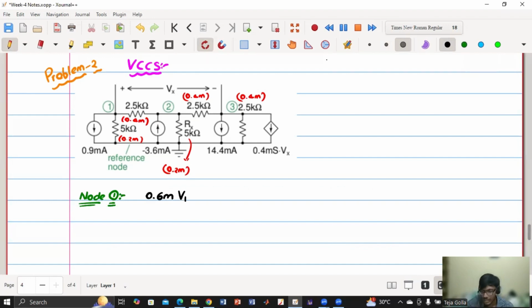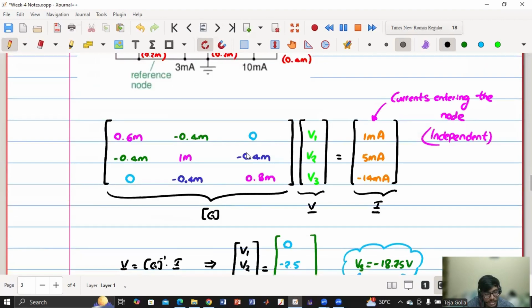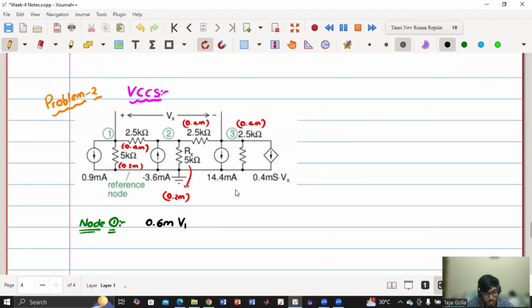V1. And for V2, what will we be getting? Negative of the conductance between node 1 and 2, which is what? Minus 0.4, right? Minus 0.4 milli into V2. Next, the conductance between node 1 and node 3, which is 0, equals the current entering node 1.